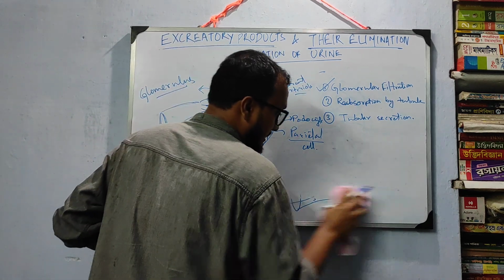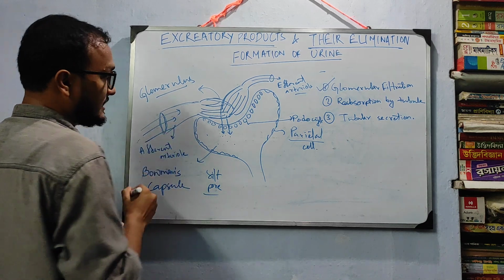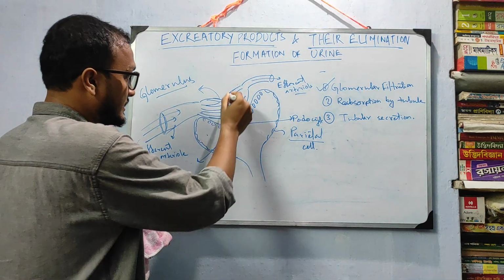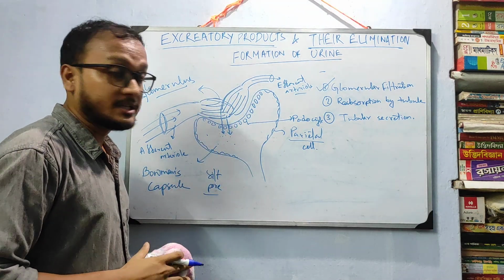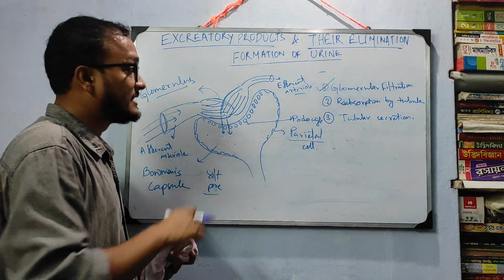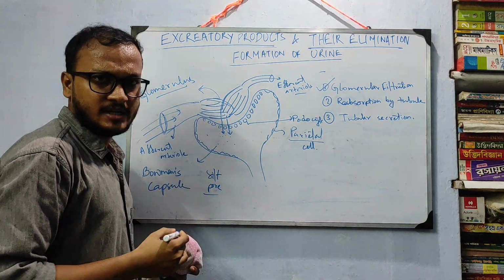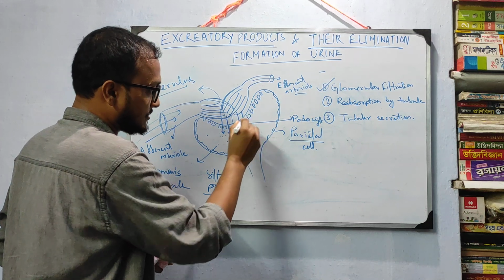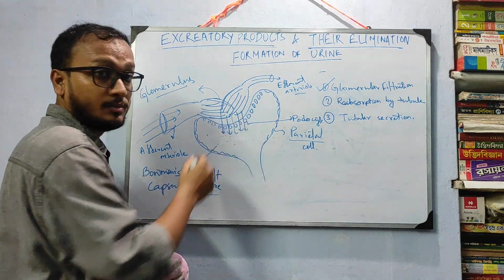Just like that, in this example, a high amount of blood can enter but less blood can come out. So in this portion, high pressure will be generated, and that pressure will push all the filtrate, all the small particles, to enter into this region. The extra water, the small solutes, the inorganic salts will enter.